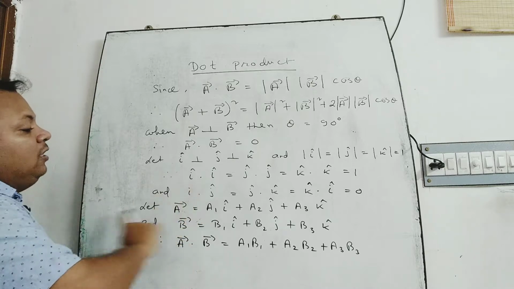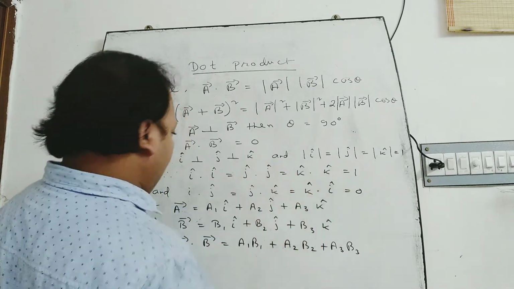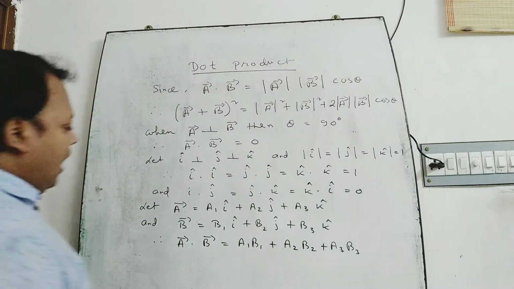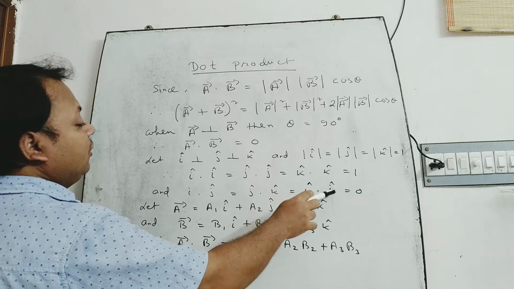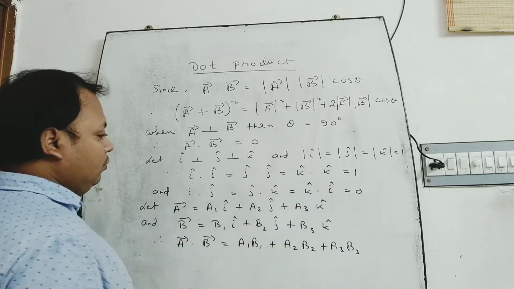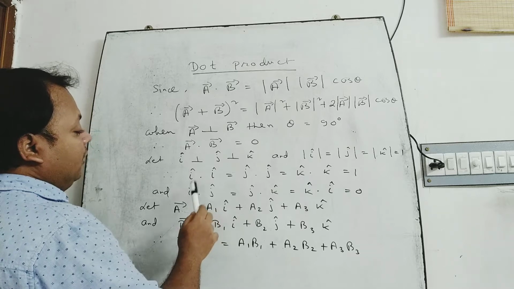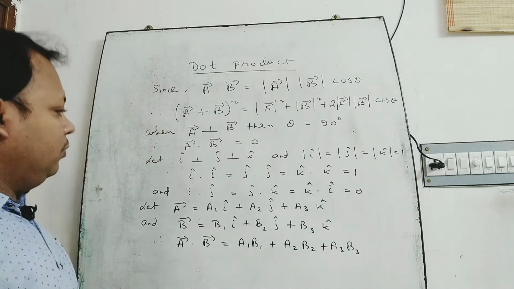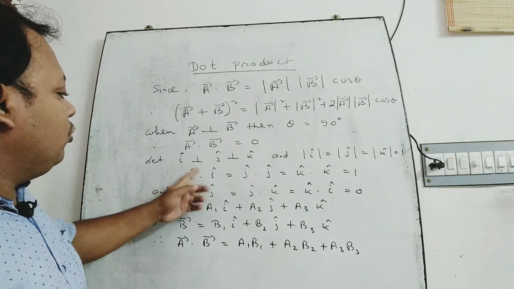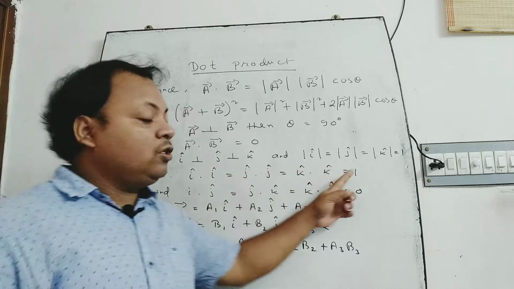Therefore, i dot i is equal to j dot j is equal to k dot k is equal to 1, and i dot j is equal to j dot k is equal to k dot i is equal to 0. Since they are mutually perpendicular vectors, the dot product between them is 0, and the dot product between two same unit vectors gives us 1.